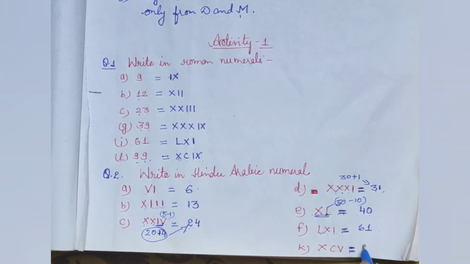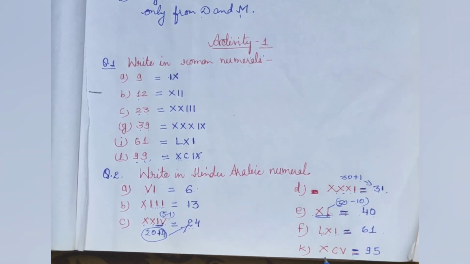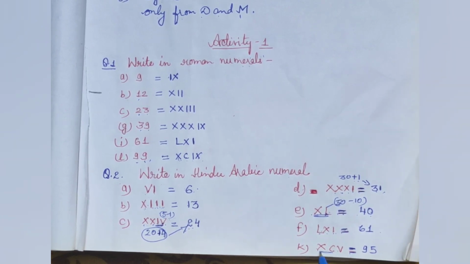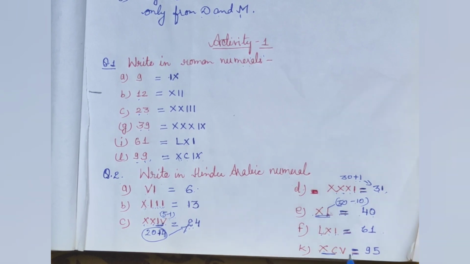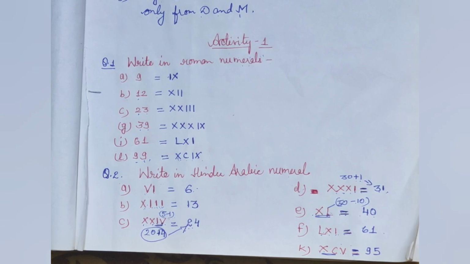XCV equals 95. As we know, XC is equal to 90 and V is equal to 5. So 90 plus 5, that is equal to 95. Students, remaining questions of activity 1 solve in your homework notebook.